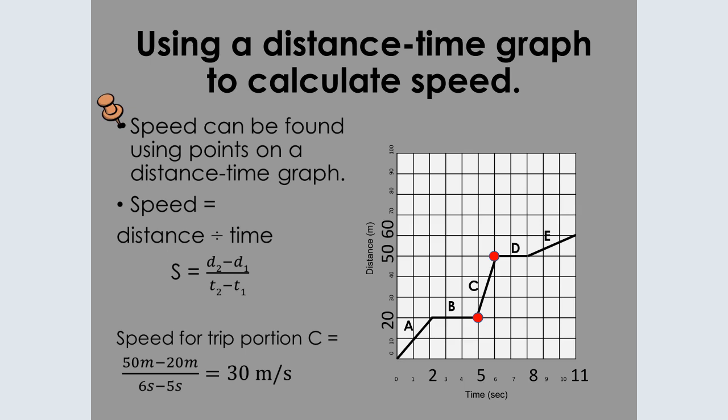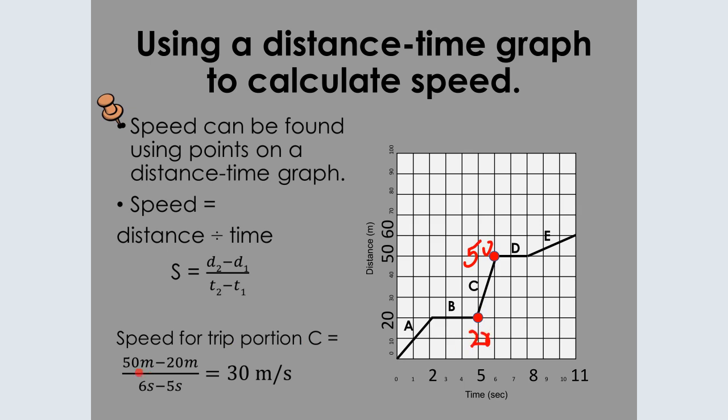Right. Speed can be found using the points on the distance time graph. So in this particular case, distance 2 minus distance 1. Here we're looking for the speed in the trip at portion C. If we look at the graph, this is 50. This is 20.